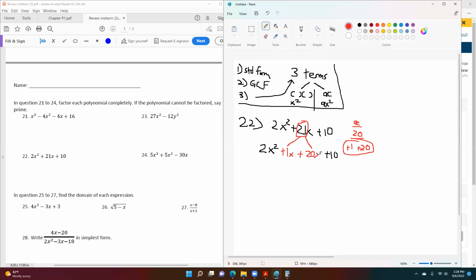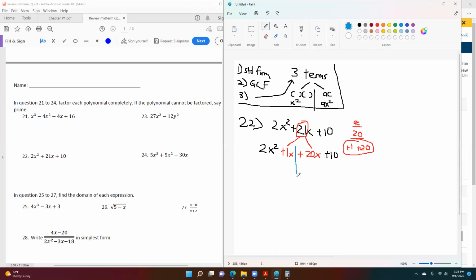It doesn't matter, you still get the same answer. The only thing I want to point out to you is make sure you put an x on it, and why we need an x on it is because we are breaking the 21x. So 1x plus 20x gives us a 21x. So that's why you need an x. Students who forget to put the x in there will get a wrong answer here.